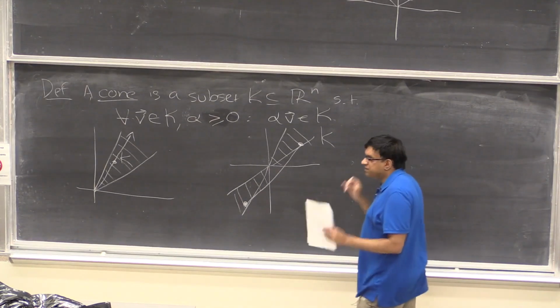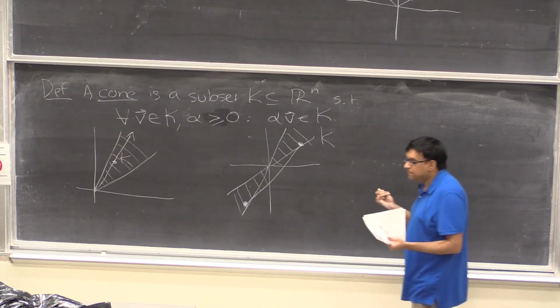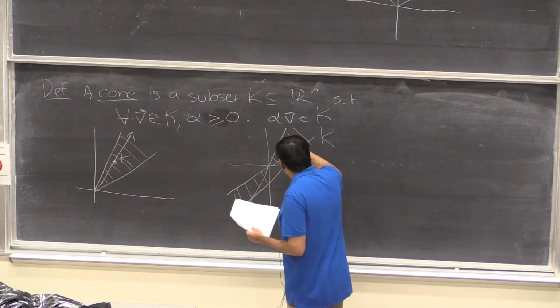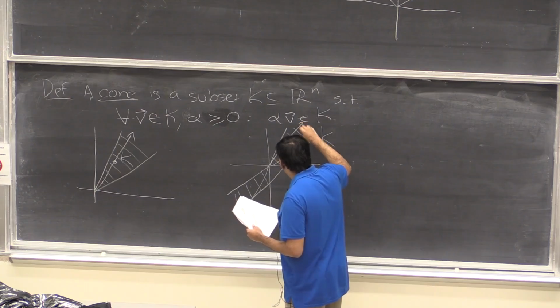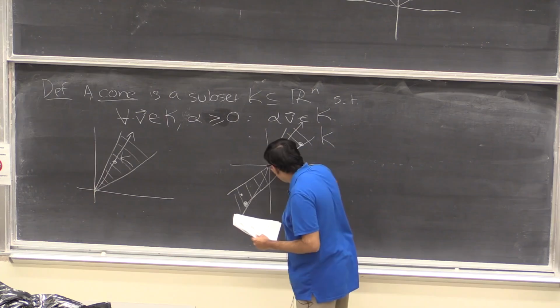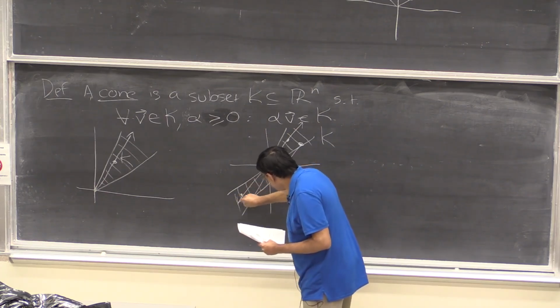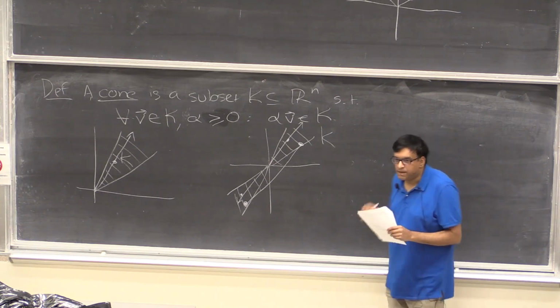The definition of a cone is that it's a set that contains all its rays through 0. So we take any point here, and we draw its ray through 0. We'll see it's contained in the cone K. If we draw any point here, we draw its ray through 0. We'll see it's contained in the cone K. Okay, that's the definition.